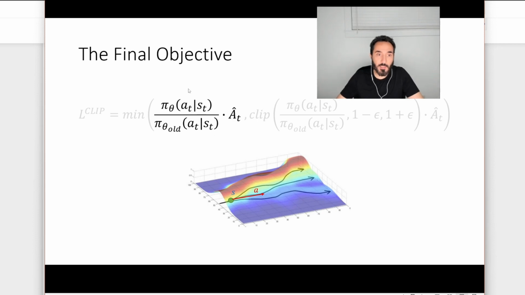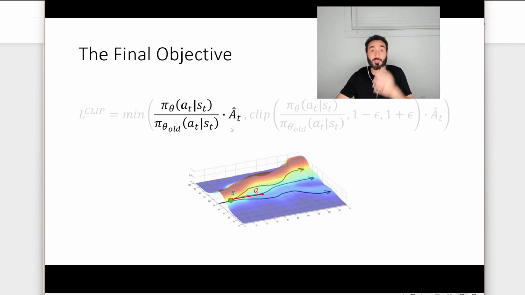Now, maximizing this term does exactly that for us. Because look at what we have over here. If the advantage is positive and it's multiplied by this ratio over here, if the probability of the action in the new policy is bigger than the previous policy, the old policy, this ratio will be bigger than 1. A number bigger than 1 is multiplied by a positive number.